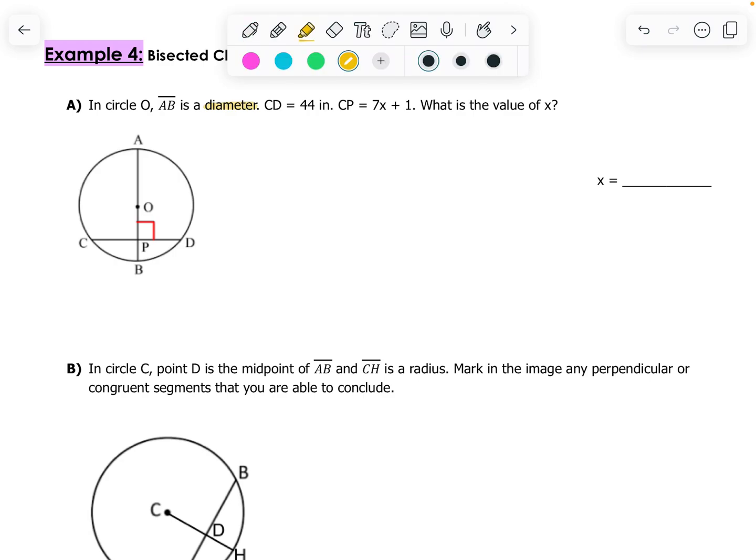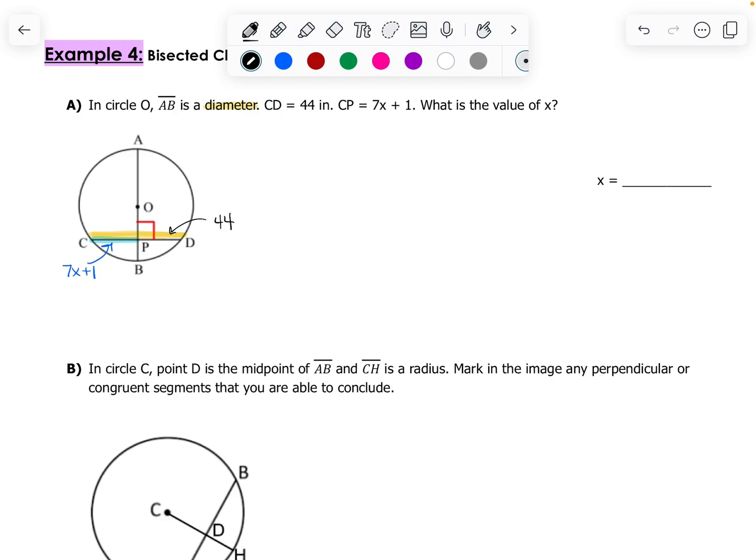The first thing I want to point out is that CP is only this portion, and it's 7x plus 1. CD, on the other hand, is the whole thing. CD is 44.